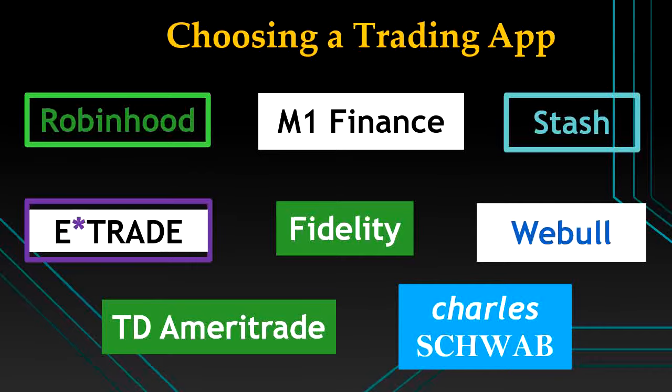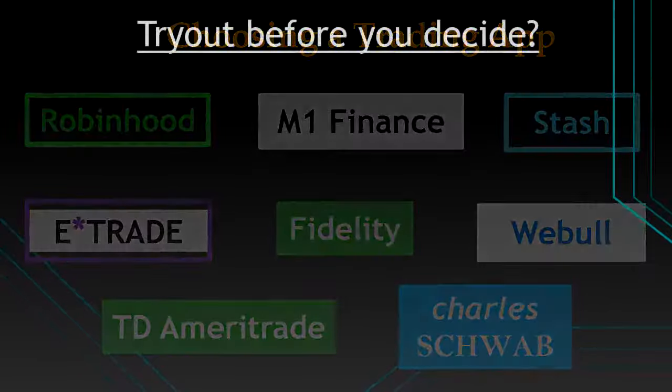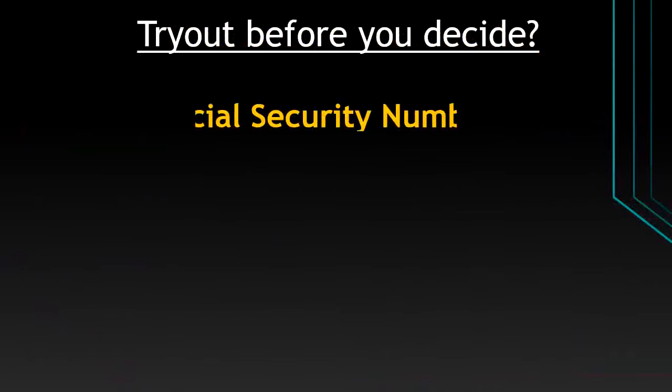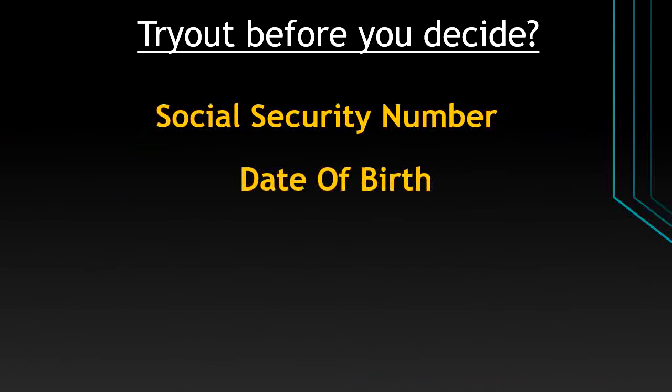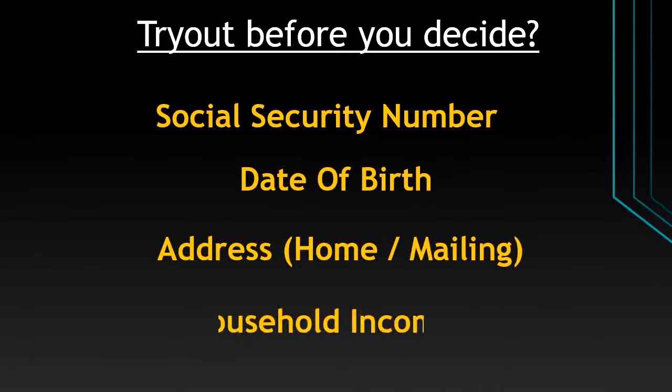We'll go through the determining factors in deciding which app to choose. Some of you might be considering signing up for some of these applications and testing them out before you decide which one to use. But with most of these applications, before you can use all of the features, you need to enter a lot of personal information, such as social security number, date of birth, address, household income.